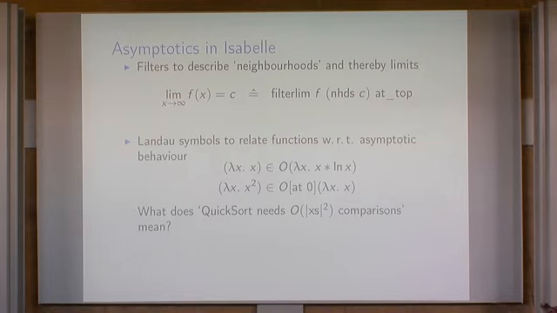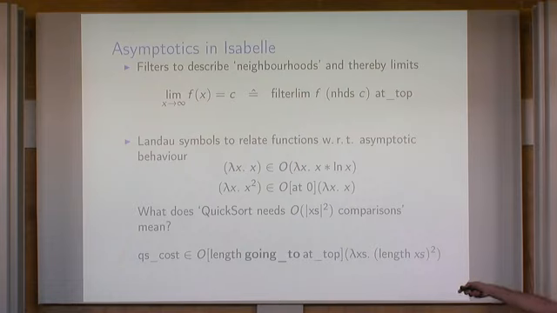And there's a nice way to write that down with filters. Namely, you can write the costs of quicksort are element of big O of the length of the list squared with respect to this filter where length goes to infinity. You can just write it down like that, and it means exactly what this intuitive thing means here above. So it's a very flexible framework, this filter stuff.